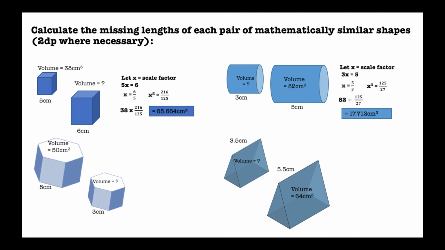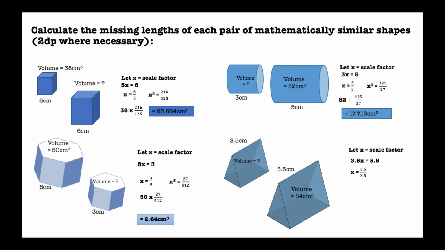On the third one, we need to get from 8 to 3, so we know that 8x equals 3, which means x equals 3 over 8. 3 over 8 cubed is 27 over 512, and 50 times 27 over 512 is 2.64 centimetres cubed. And finally, we have got to get from 3.5 to 5.5, so 3.5x equals 5.5, and x must equal 5.5 over 3.5.